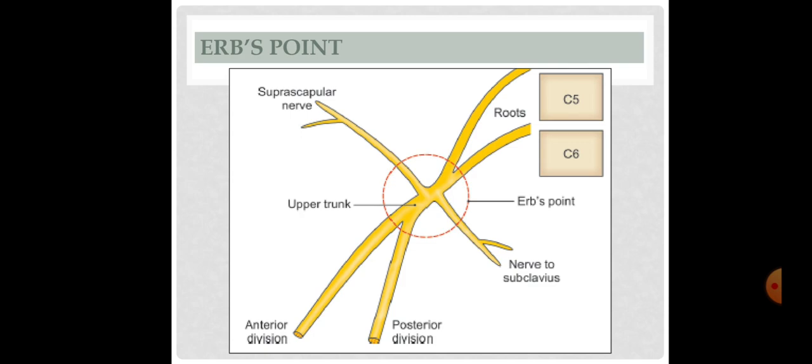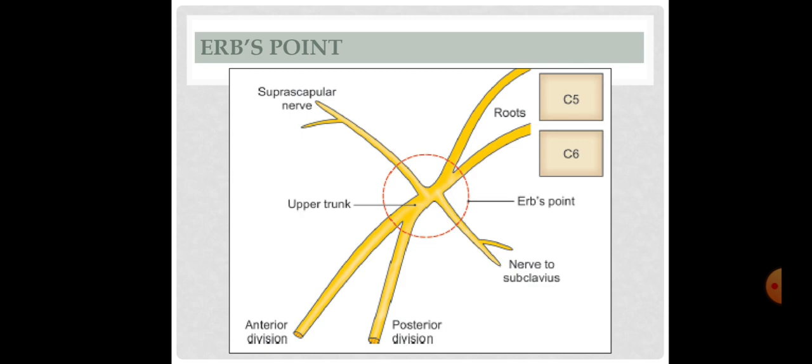Then the upper trunk divides into anterior and posterior divisions. So we got 4 nerves: C5, C6, anterior division and posterior division. And the last 2 nerves at Erb's point arise from the upper trunk: one is the suprascapular nerve and another is the nerve to subclavius. So this is Erb's point, and in Erb's paralysis mainly injury occurs at this point.